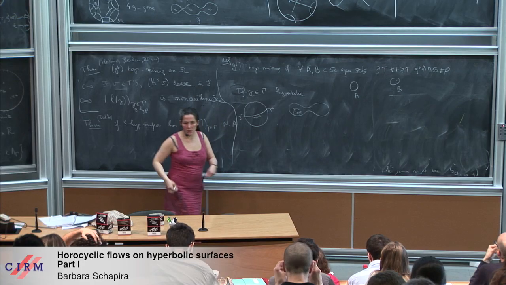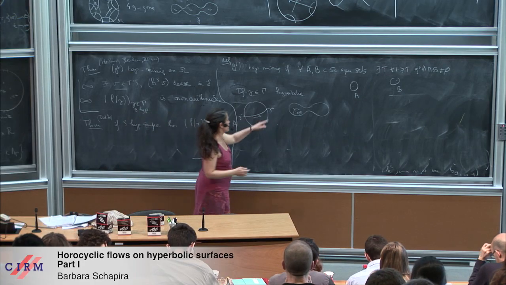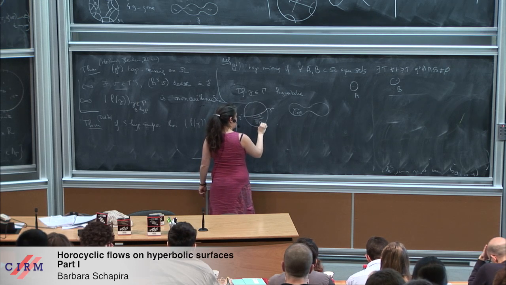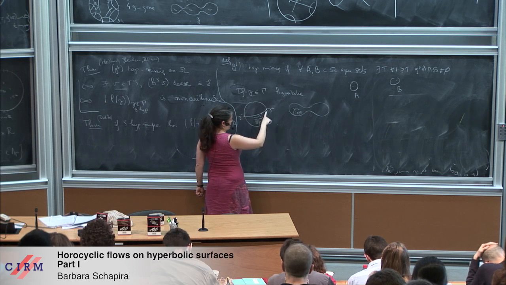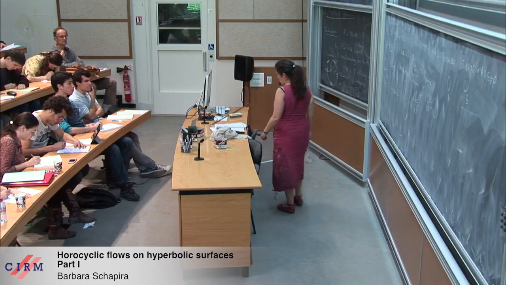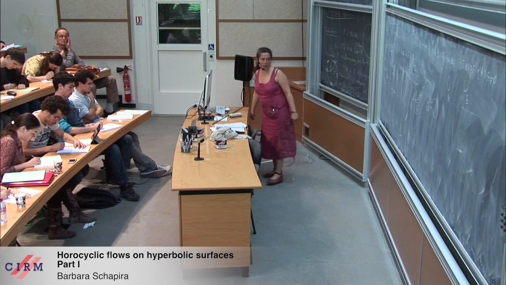This periodic geodesic has a length, which is the translation length of gamma acting on this geodesic. It is exactly the length of the periodic orbit of the geodesic flow, at least for simple geodesics.